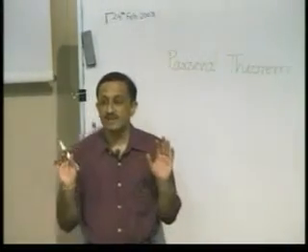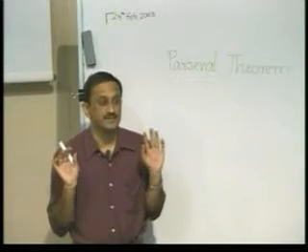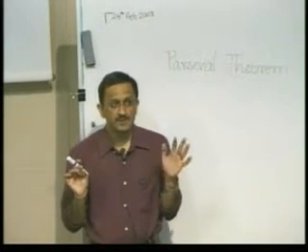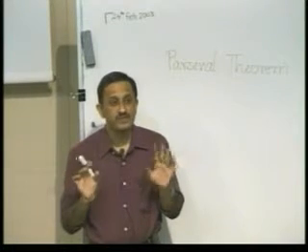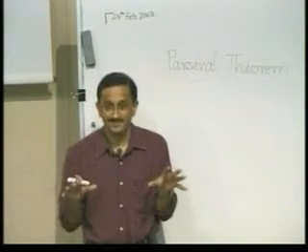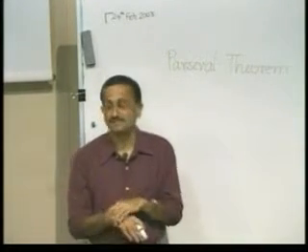Now I will first explain the idea behind the theorem. You see, you've been noting that there is a close association between Fourier transforms and the idea of dot products between signals.